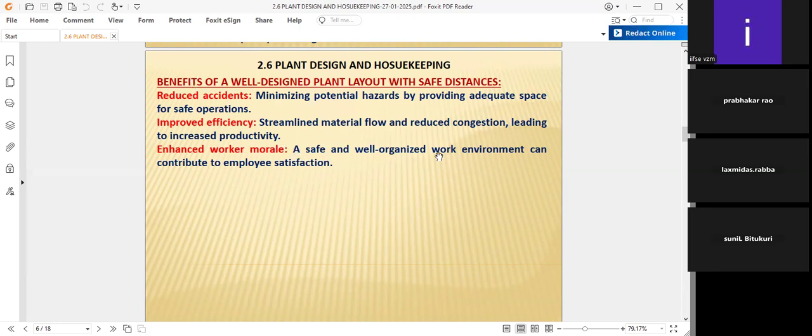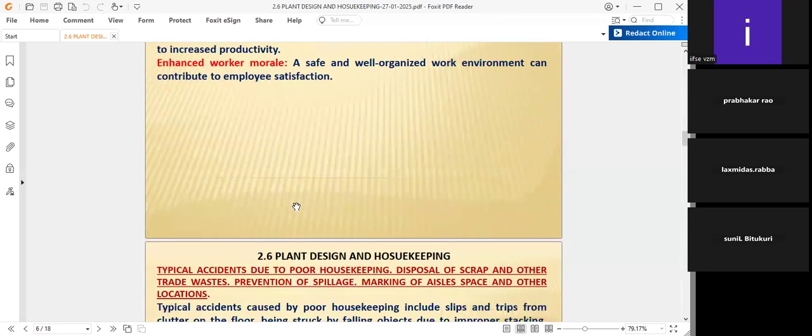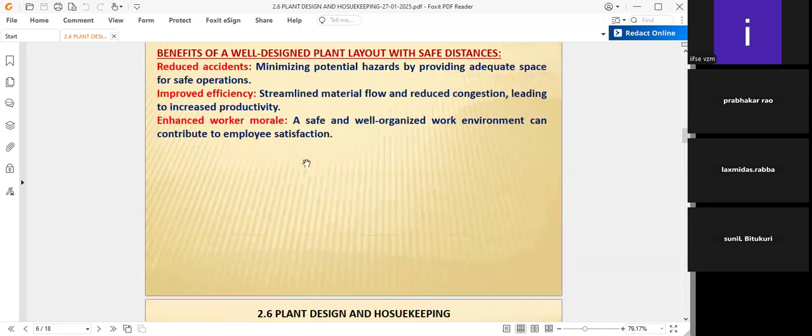A safe and well-organized work environment can contribute to employee satisfaction also. They can boldly tell their family members that our organization has more facilities, good space, convenient ventilation, exhaust fans, and is very healthy and wealthy. Like this, they will inform their family members.